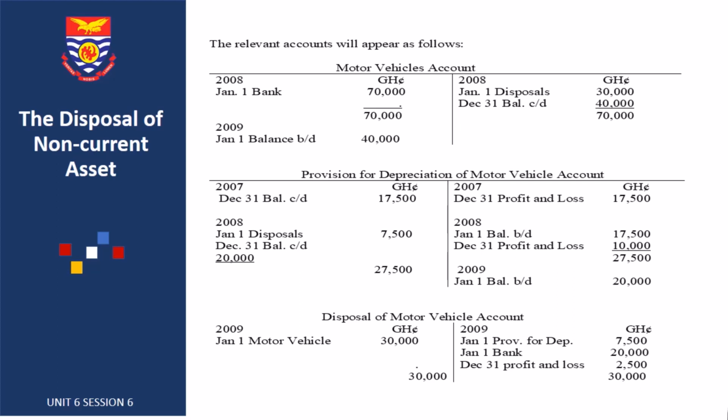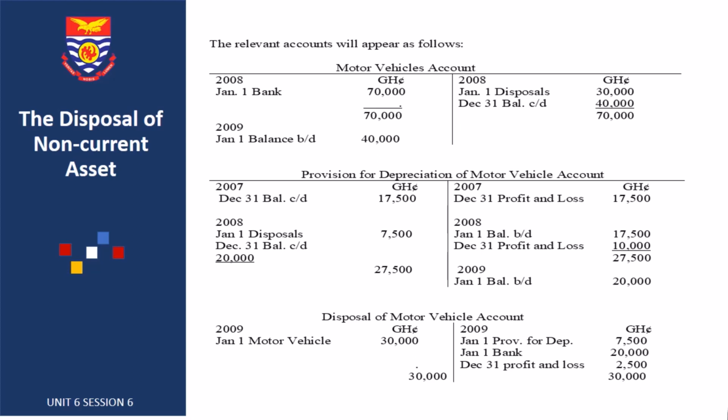So we'll also open a motor vehicles account, with the cost of the asset that is being disposed. So we debit the disposal of motor vehicles account 30,000 and credit the motor vehicles account 30,000 to remove it from the list of motor vehicles. So the balance on the motor vehicles account will be 40,000, meaning that the motor vehicle costing 30,000 has been disposed.